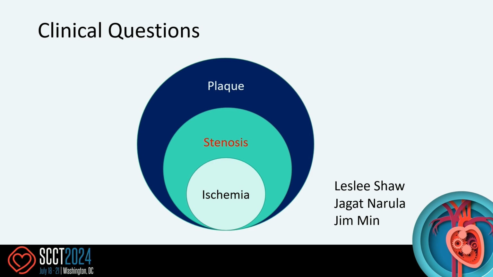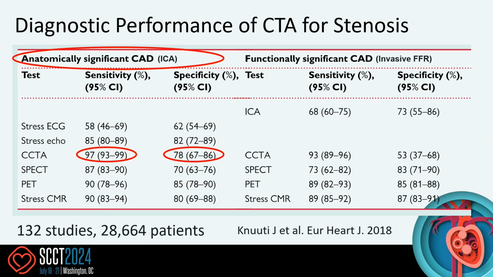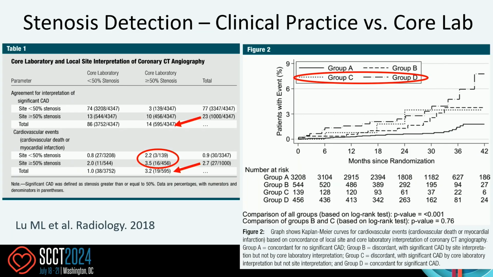This is why CTA was developed back in the early 2000s, and over time we showed that it has really good sensitivity, and specificity is decent, comparable to other tests. This is the large data set from Johanni Knuti, almost 30,000 patients. But we also have a general problem in imaging and reporting.